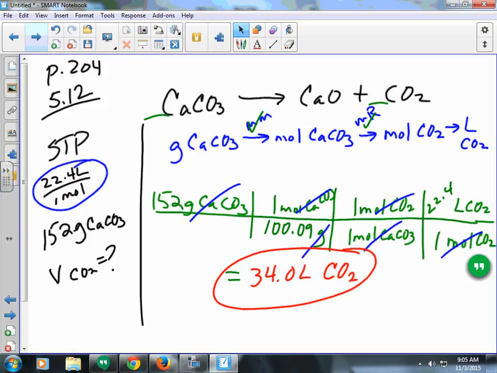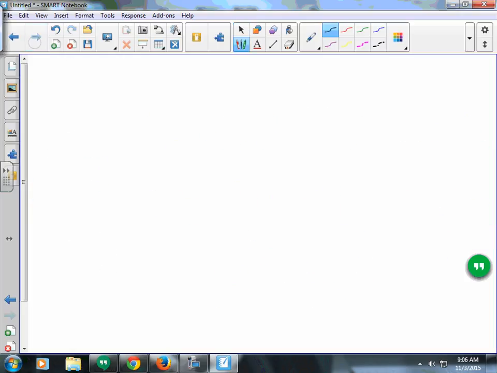Okay, now for one that's interesting. Sample 13. On the same page. This is on 204 again. Here's the problem. It says, and you might want to take a peek at the reading prompt on this one, but then close your book back after you look at it.